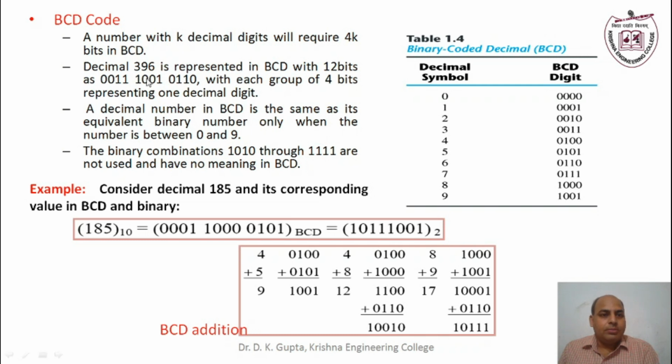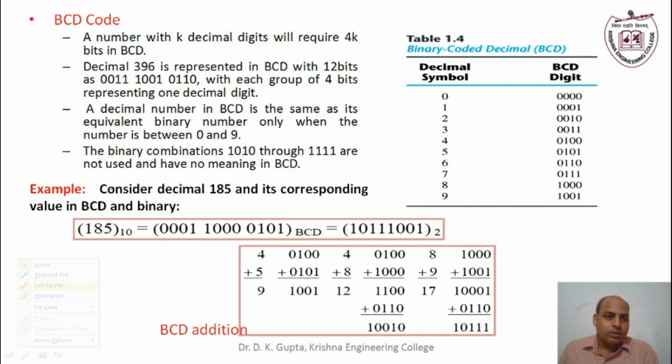Suppose we have a decimal number 396 and we want to convert it into BCD. Then individually we have to code each digit. So 3 means 0011, 9 means 1001, and 6 means 0110.